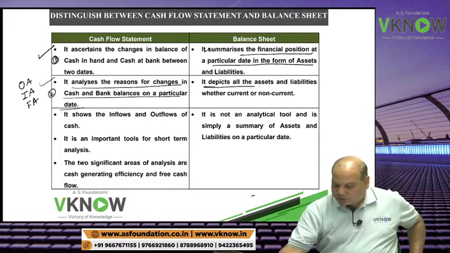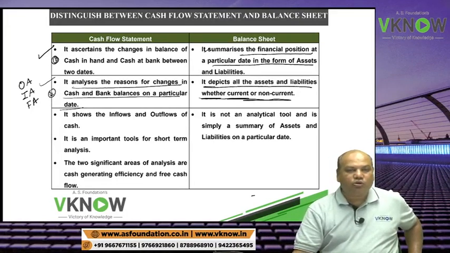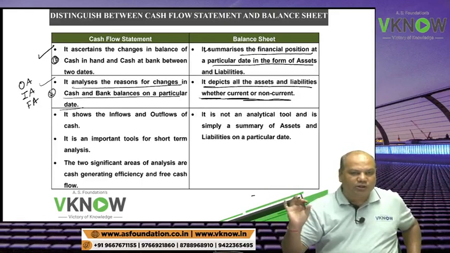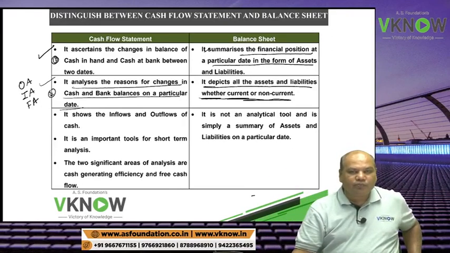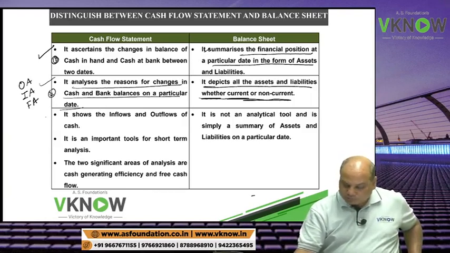Whereas the balance sheet depicts assets and liabilities, whether current or non-current. Balance sheet gives you assets and liabilities on a given date, and as per schedule 3, it is bifurcated into current and non-current.